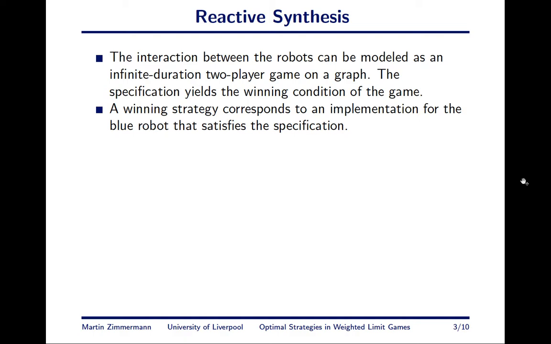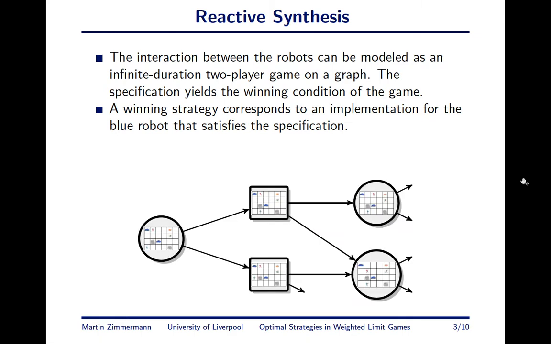I will give you an example in a second. Let me just mention before that we are then interested in computing a winning strategy for the player representing the agent we are interested in, so in our example, the blue robot. Such a winning strategy for this game can be seen as an implementation for the agent that satisfies the specification.